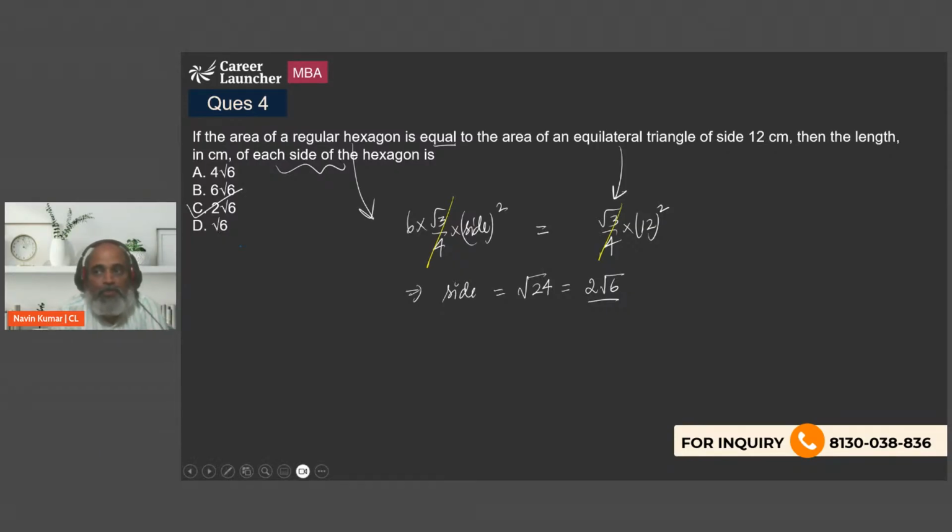Well, when it comes to polygons in CAT, do not expect a very difficult problem. So the questions are generally based on the general formulas of polygons and the regular hexagon. Worst case, in the past 15, 16 years, there have been a couple of years where we have got polygons based on octagons.